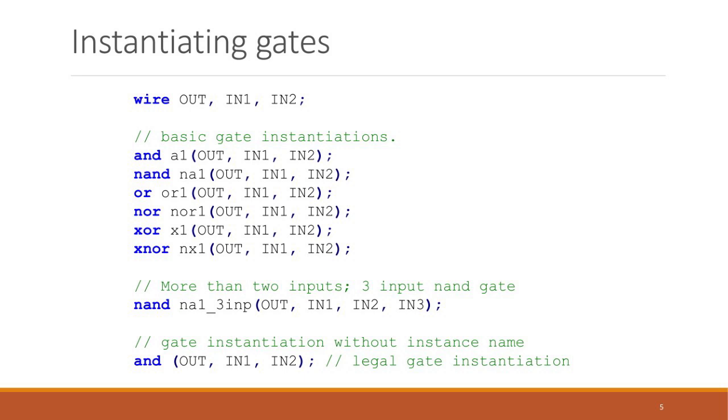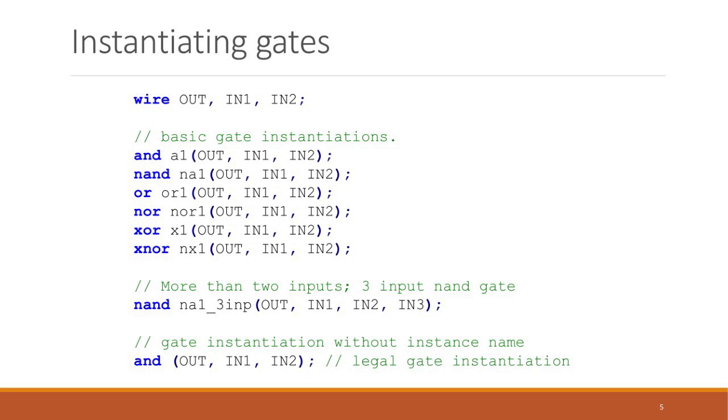And finally, you can see something which is valid only for instantiation of gate modules in Verilog. We have instantiated an AND gate module without a unique name given to it. But this is a legal and valid gate module instantiation in Verilog.